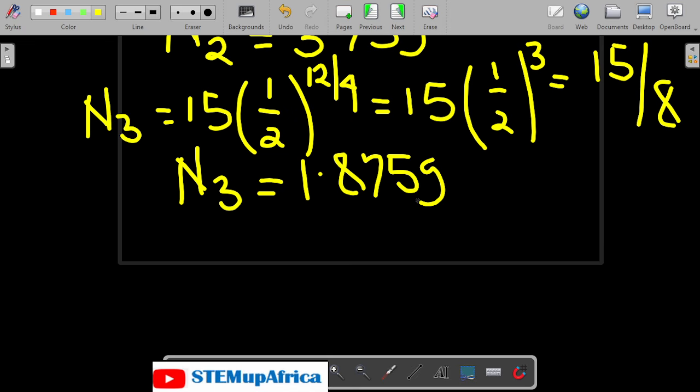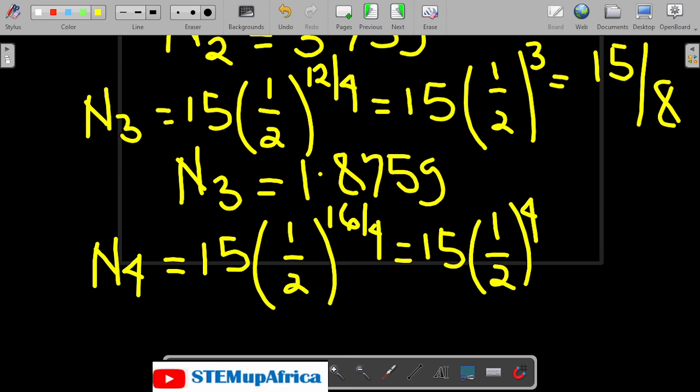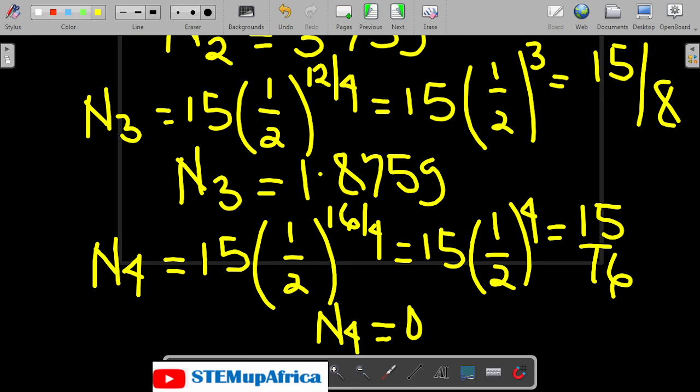Next, with our N4, I'm going to have 15 times 1 over 2 raised to 16 divided by 4, which is 15 times 1 over 2 raised to power 4. It's simply 15 over 16. Our N4 will now be 0.9375 grams.